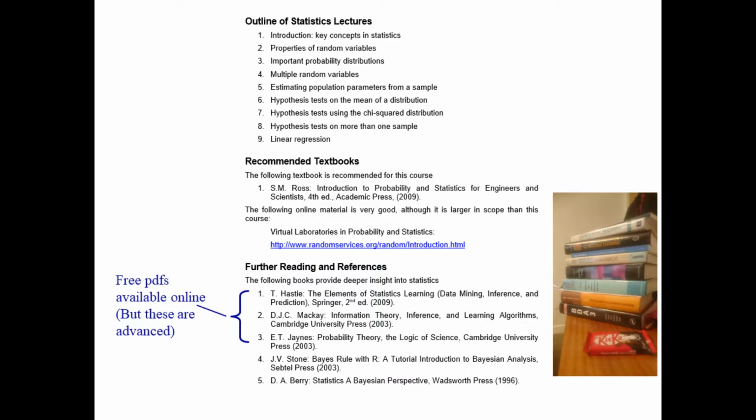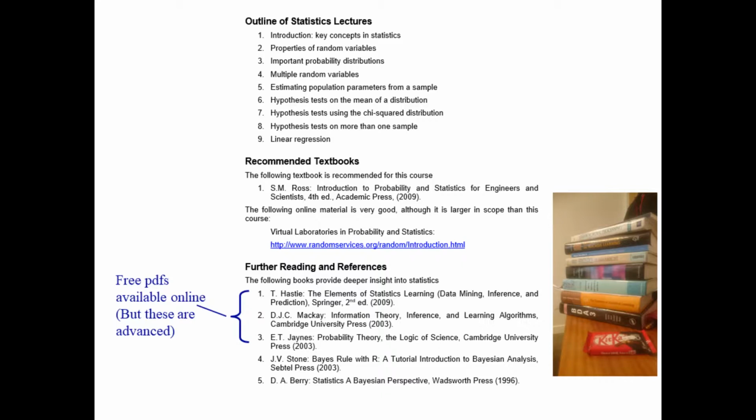The website is at the worryingly named www.randomservices.org. If you follow that link, they have very good introductory material on probability theory, which extends a bit beyond the scope of this undergraduate statistics course. So those are the recommended sources I would look at for this course.